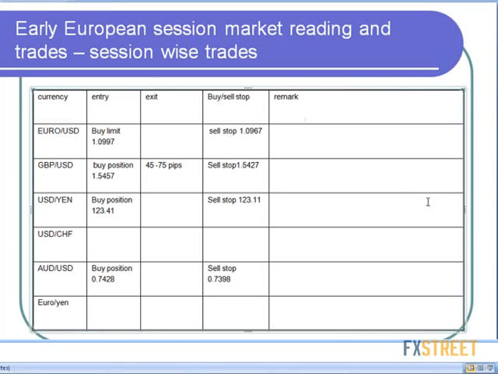Then Biswanath asks: what about the possibility of triggering both the limit and the hedge order, with the price lying in between? No, that's what the trading strategy is. Suppose I have a buy position and the limit is kept. When the buy position makes about 20 to 25 pips profit, I'll remove the hedge order and keep the stop at entry. Then the scenario can be that they hit the stop at entry or the limit.